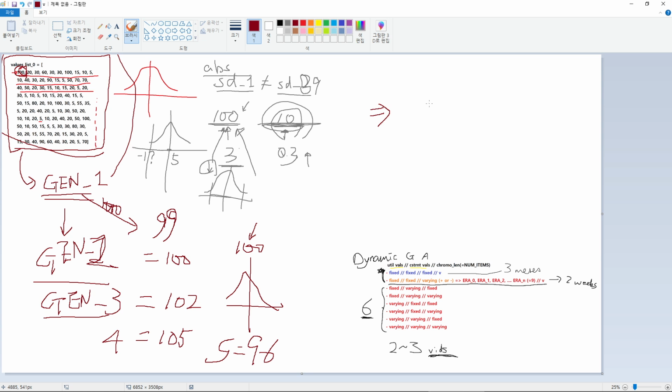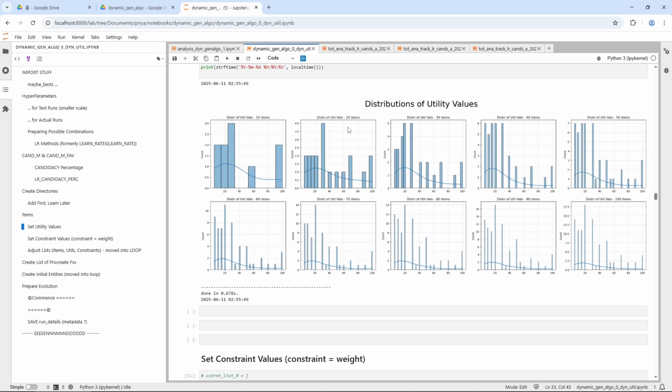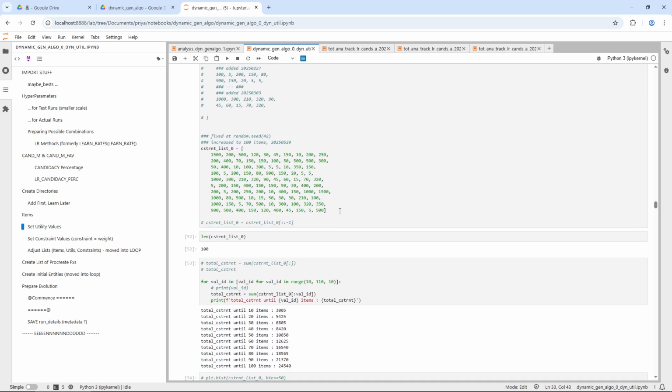I think that's the right way of saying it. And this is the same for the constraint values as well.